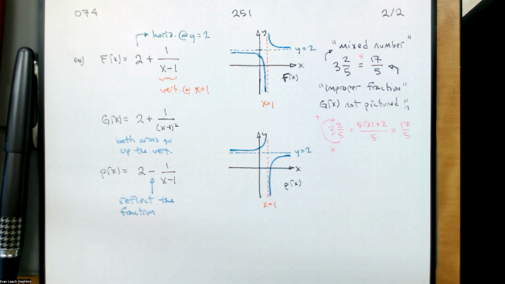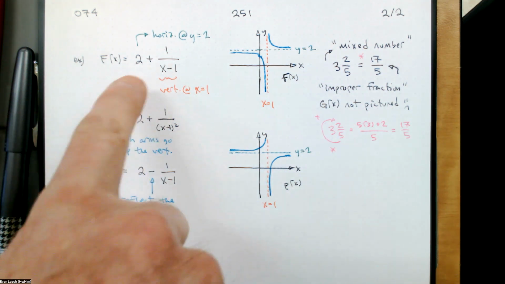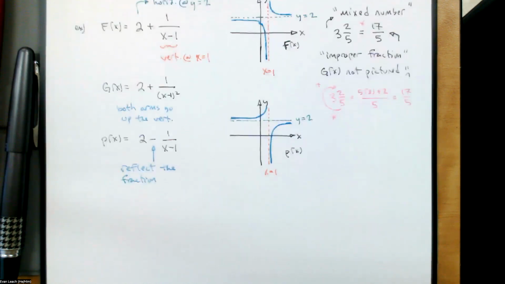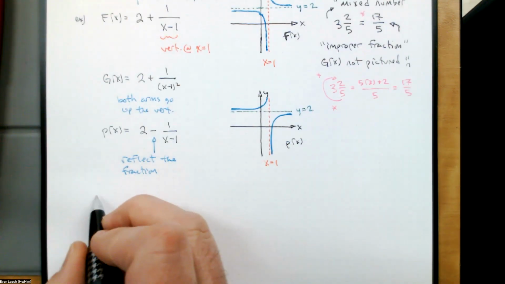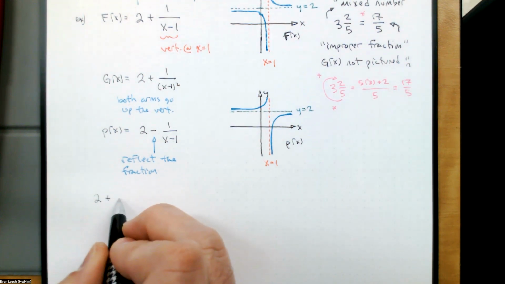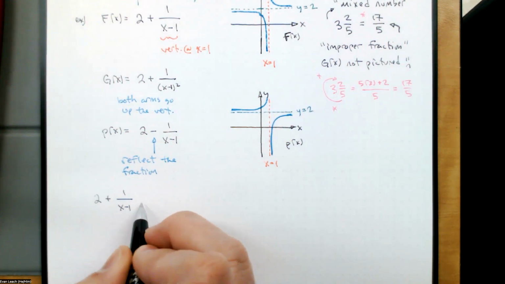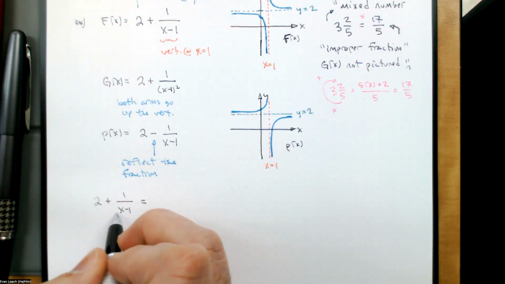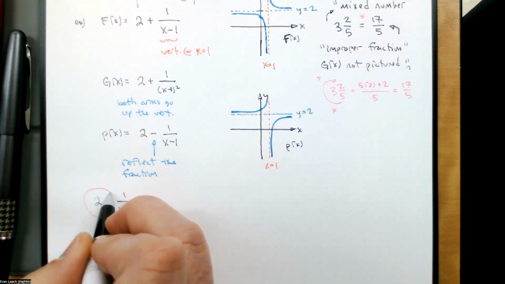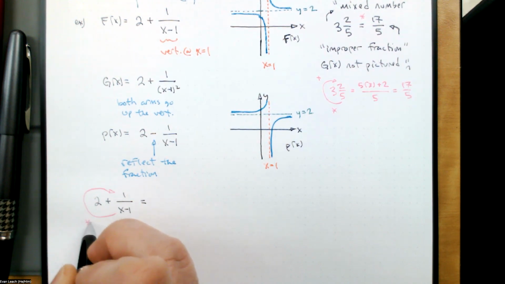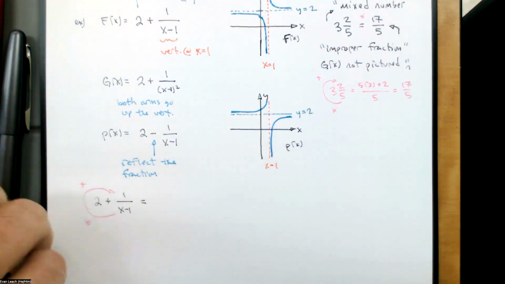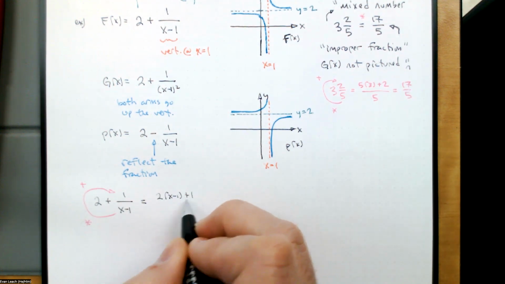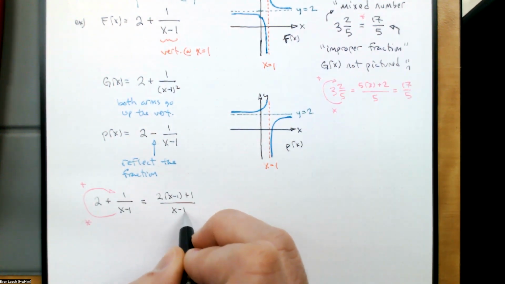If we want to do that with this function, if I want to take this mixed number form and write an improper fraction form, I can just do the same thing. Start down here and I can multiply and add. I'll have 2 times x minus 1 plus 1 over x minus 1.